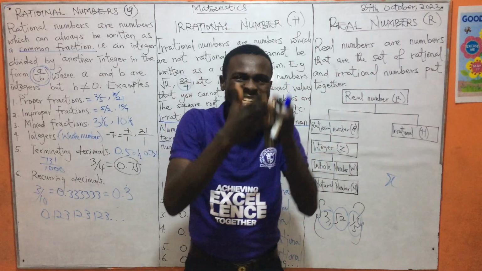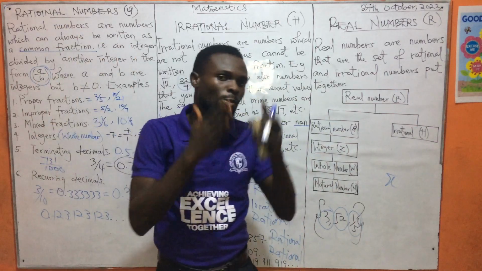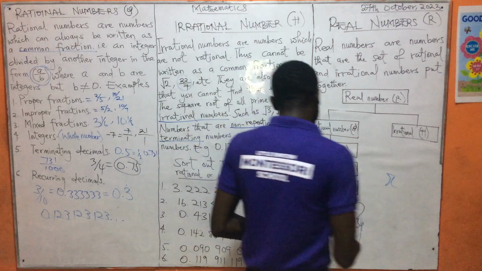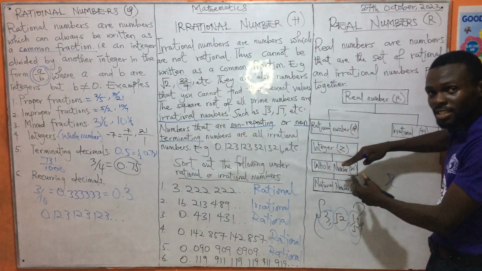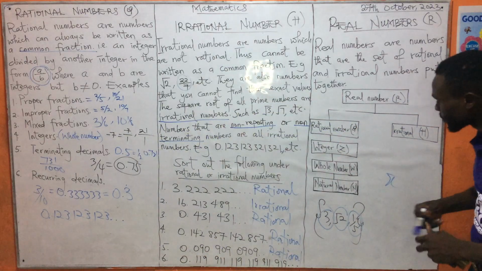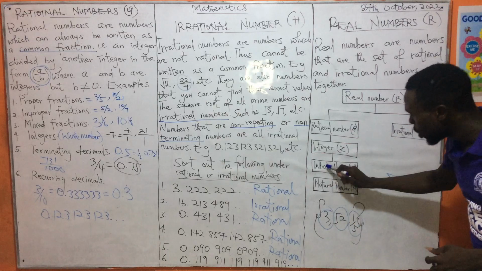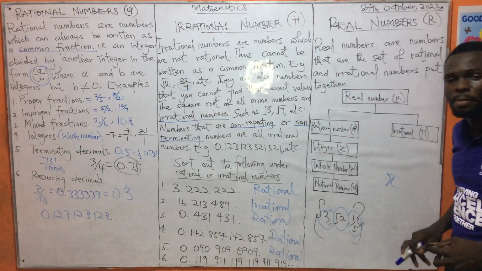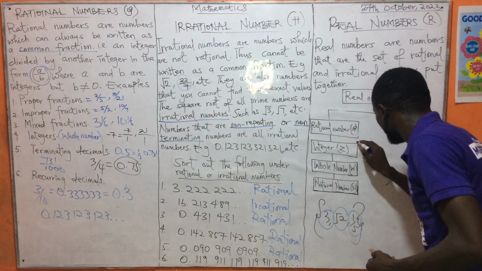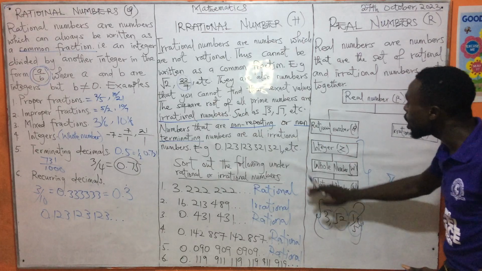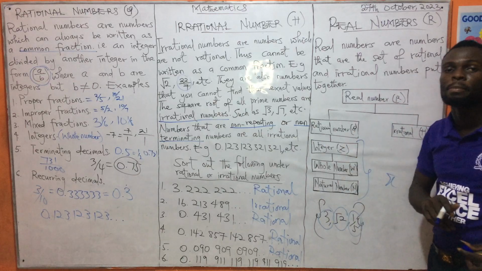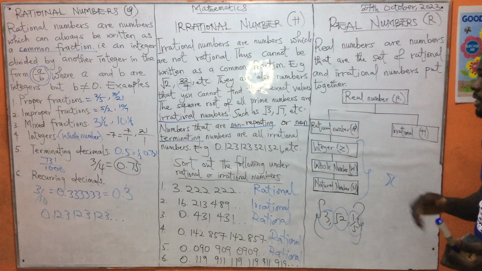So we call them natural numbers, starting from 1. If this is the chart, then we can say that integers, whole numbers, and natural numbers, these three, are all subsets of rational numbers.